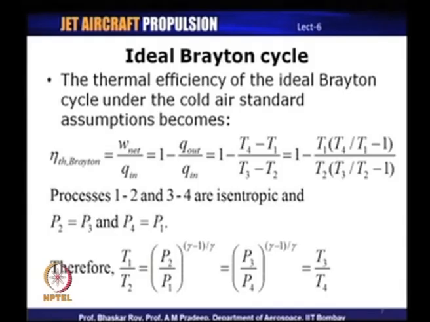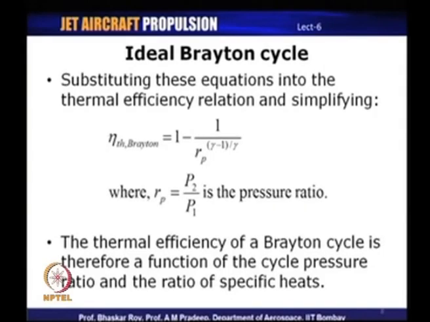This is from the isentropic relations. Now, since P 2 is equal to P 3 and P 4 is equal to P 1, this should be equal to P 3 by P 4 raised to gamma minus 1 by gamma, which in turn is equal to T 3 by T 4. That means we can replace the temperature ratio T 1 by T 2 with T 3 by T 4.